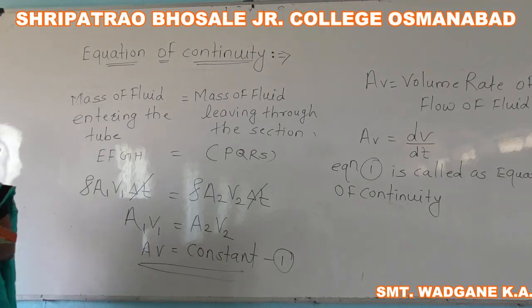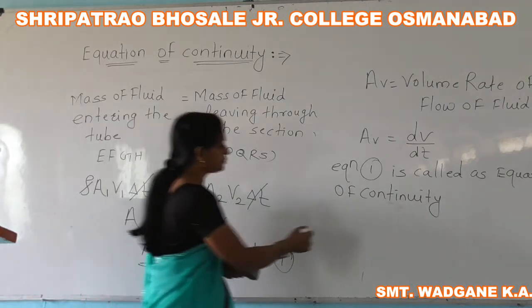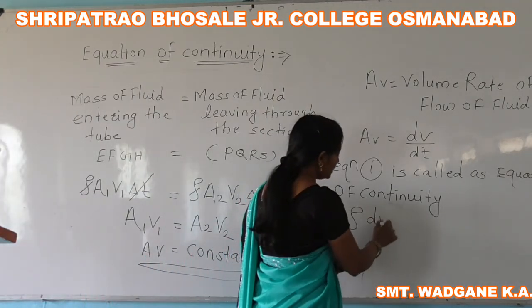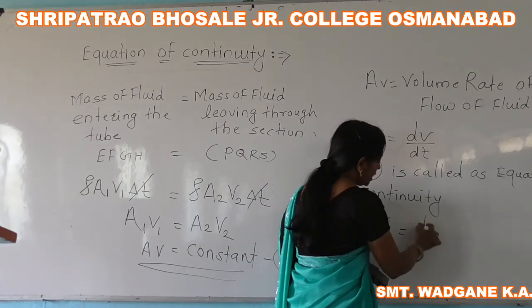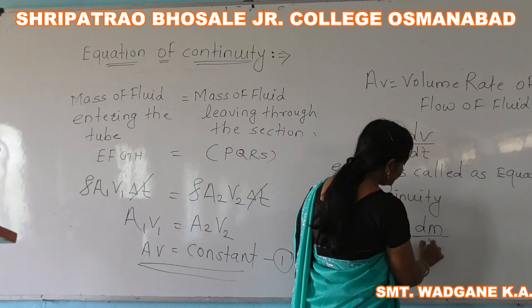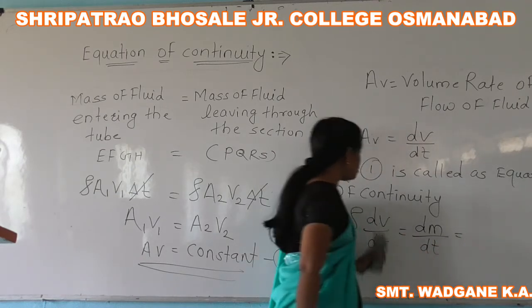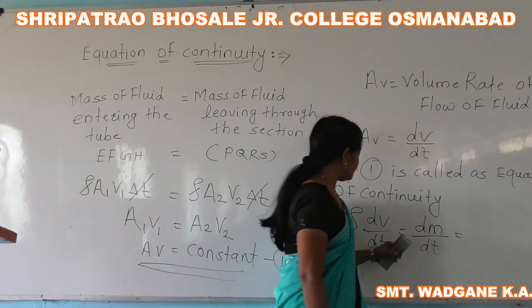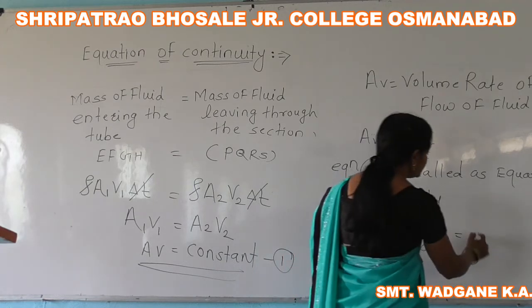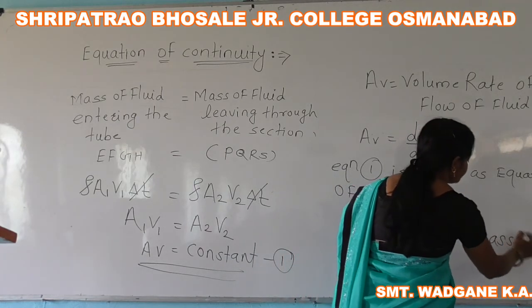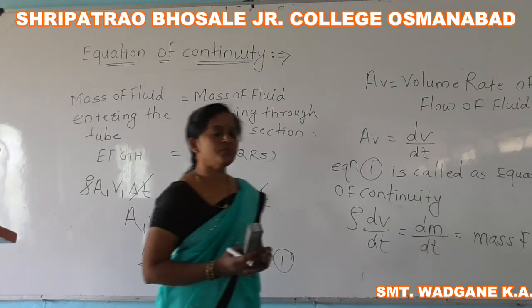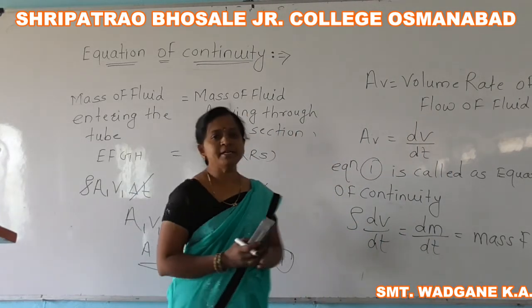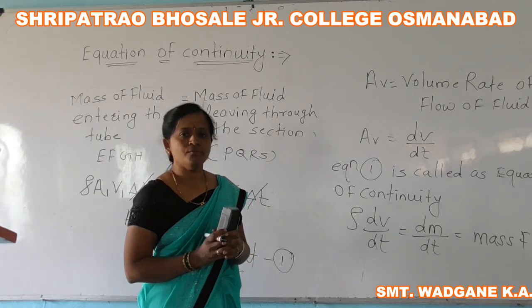We can say that rho dV by dt, or dm by dt, is called the mass flux, and dV by dt is called the volume flux.